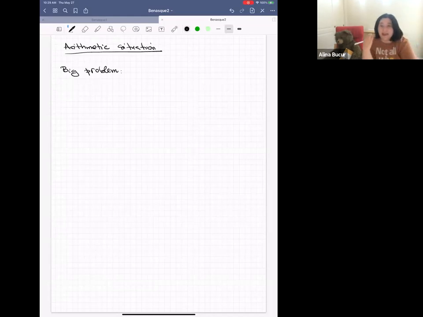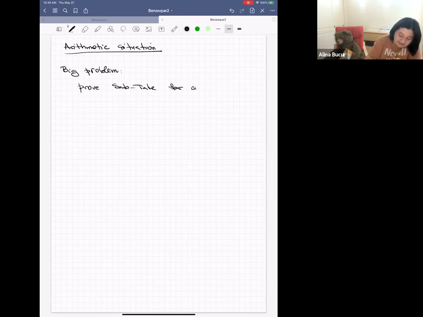And the big problem that we have right now is to prove Sato-Tate for abelian surfaces. So what's the issue here?